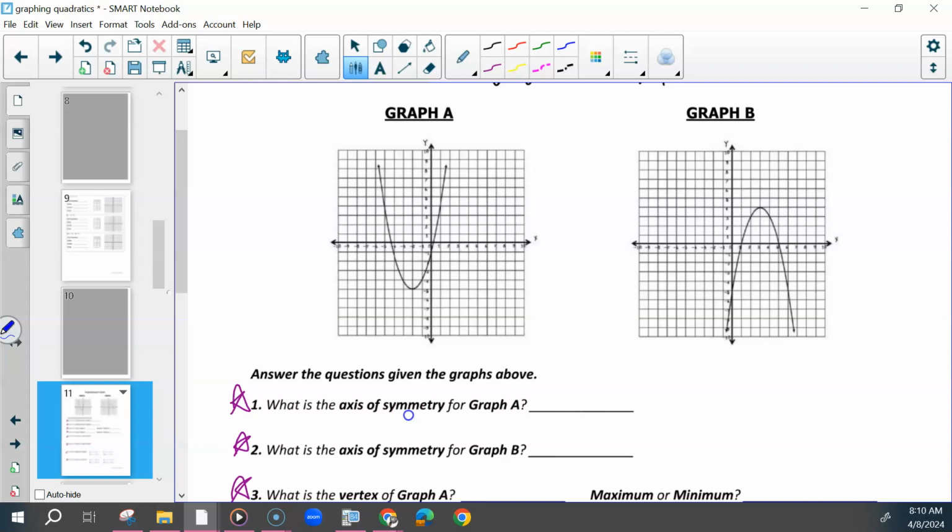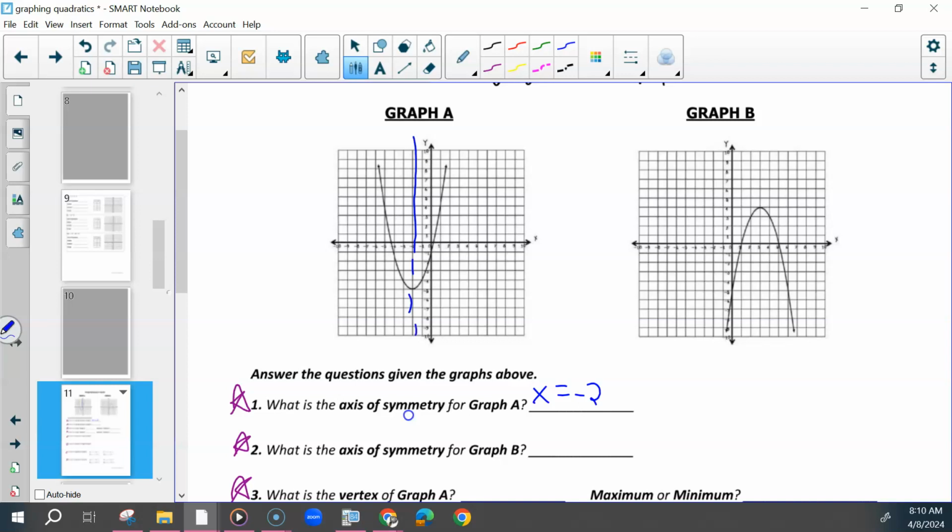What is the axis of symmetry of graph A? Where would it split it down the middle? -2. So this would just be at x equals -2 if you want to draw a line there.